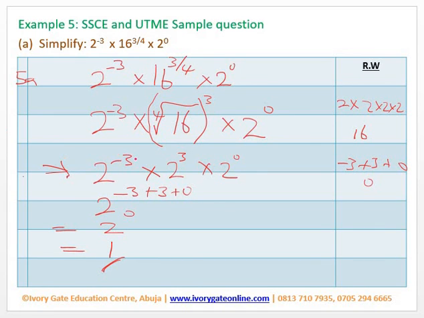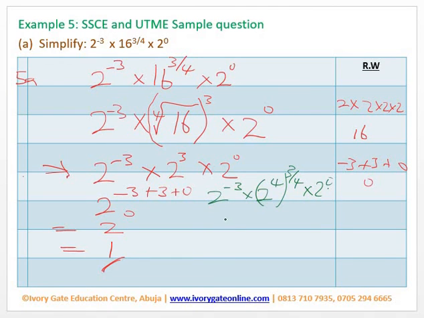Then, there is some other thing I would like you to master here. Say 2 raised to power minus 3 times 16. If we raise it to base 2, it will be 2 raised to power 4, and it's already raised to power 3 over 4, then times 2 raised to power 0.